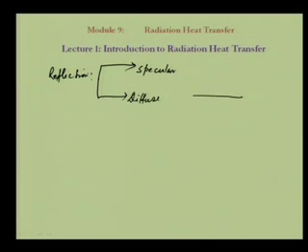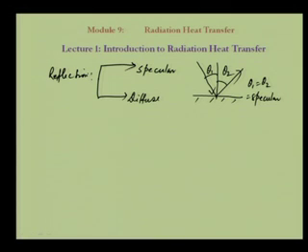If we see that this is the surface and this is the normal to the surface and this is the incident radiation and this is the reflected radiation. So, this is theta 1 and theta 2, and this is called specular. So, theta 1 is equal to theta 2, this is specular. So, the law of reflection is followed.